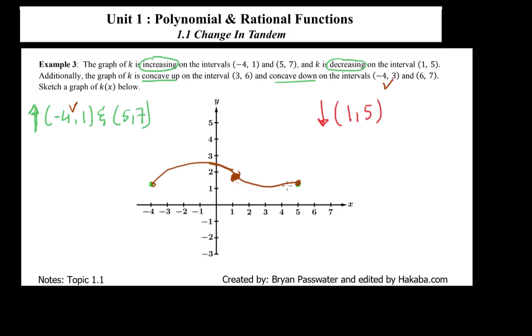Then 6 to 7 is a little bit decreasing. So that would be the rough sketch. It might not be the exact graph, but I'm increasing and concave down up to that point, and then I'm decreasing and concave up from this point to that point, then I'm decreasing and concave down. That would be a rough sketch.